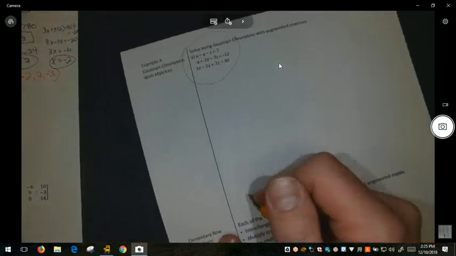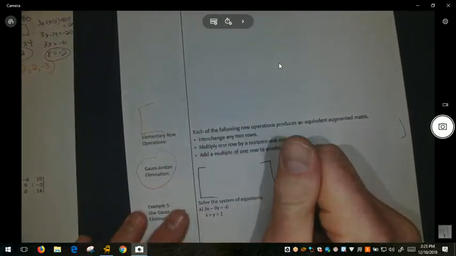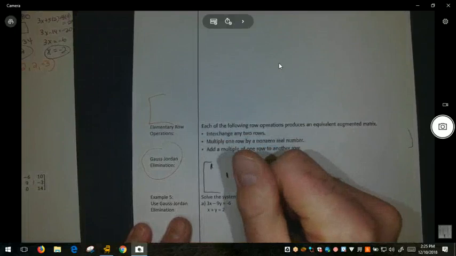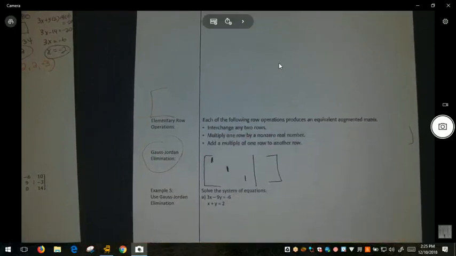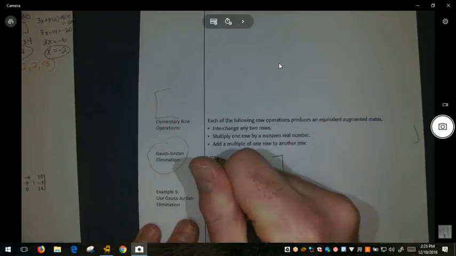For Gauss Jordan, our goal for Gauss Jordan elimination is to get the same zeros we got before. We're going to look at a 3 variable system. In the end, we want ones along this diagonal. We don't want to do that though until we get all the zeros first. Like Gauss, we're going to get our 0 here and our zeros here.